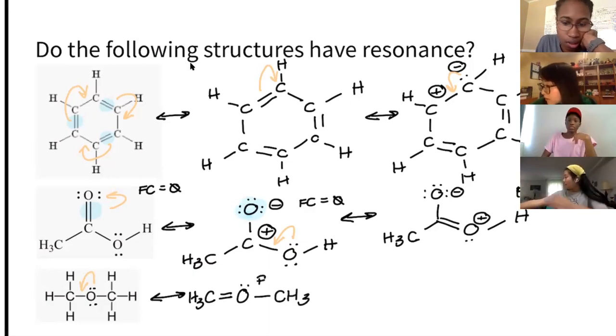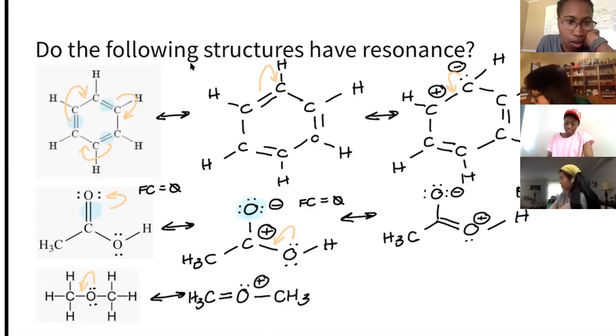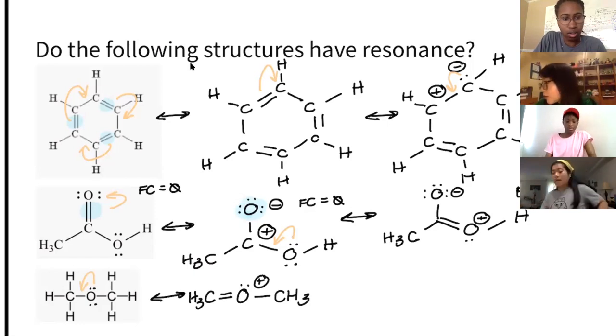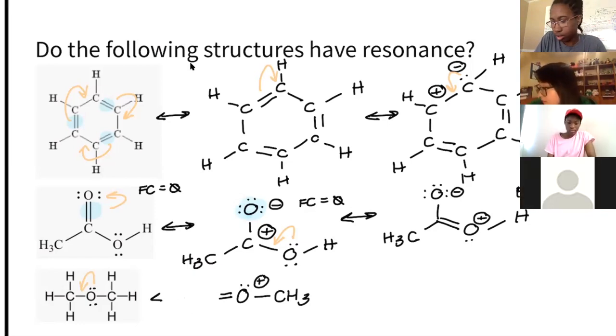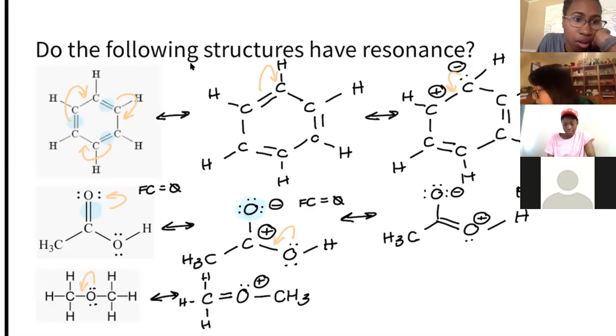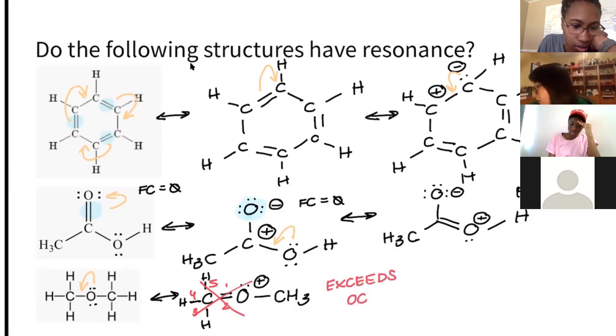And so we want to think, is this a legitimate resonance structure? The answer, I'm actually going to draw this out so it's a little bit more obvious, is going to be no, because we've exceeded the octet rule. If you look at this carbon, it's going to have 1, 2, 3, 4, 5 bonds, and that is not good. Exceeds octet. So this guy looks like he's not going to have a good resonance structure.